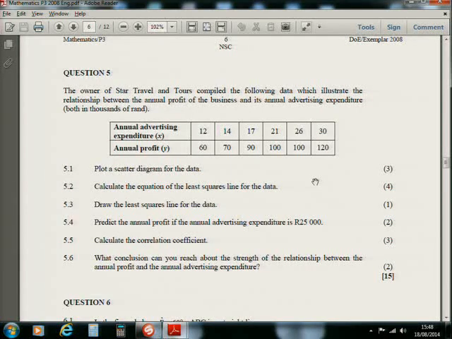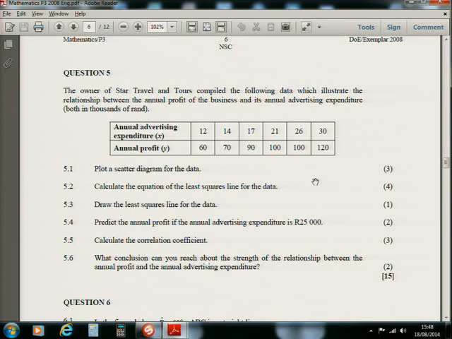Do we have two relationships? Can you see two variables there, two items? Yes. The first one, annual advertising expenditure, and you see this noted there with X. The second one, annual profit.